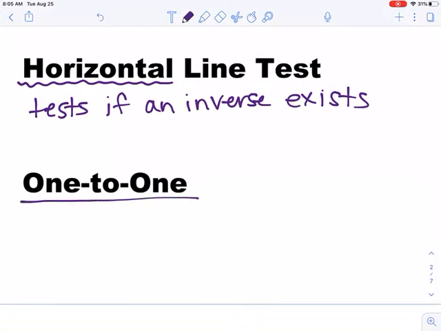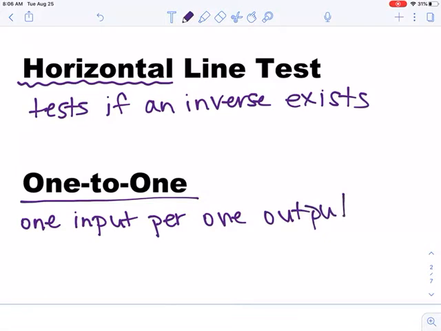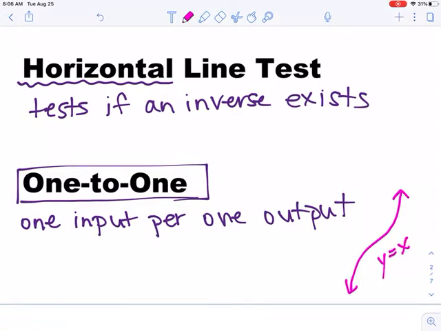Now, if a function passes both the vertical line test and the horizontal line test, then we call it 1-to-1, because there would be one input per one output. So this is a graph that passes both the vertical and the horizontal line test.